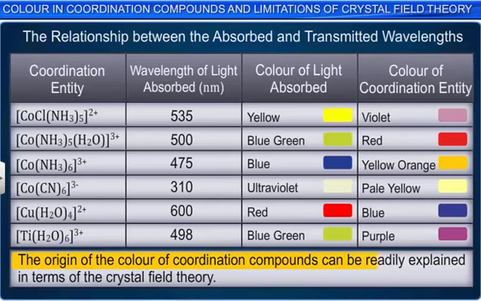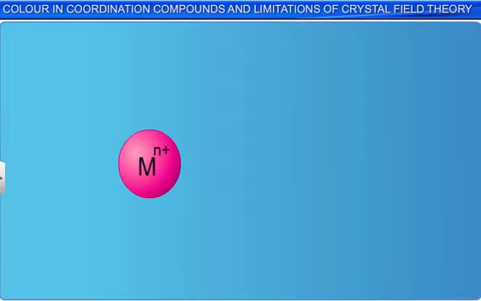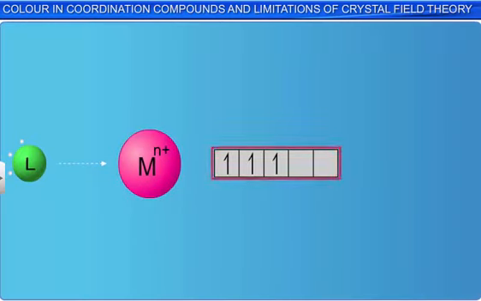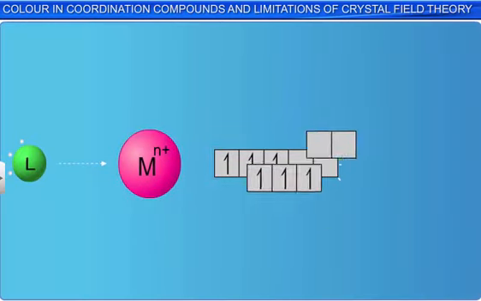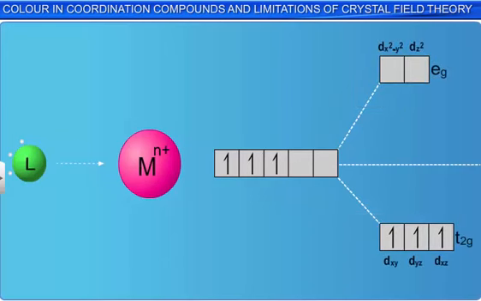As you have studied in the previous module, when a ligand approaches the metal ion containing unpaired electrons, the 5 degenerate d orbitals separate into 2 distinct energy levels, namely t2g and eg. When light of sufficient energy is incident on the metal ion, the electron in the low energy t2g orbital absorbs energy and gets promoted to the higher eg set of orbitals.